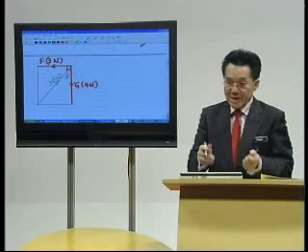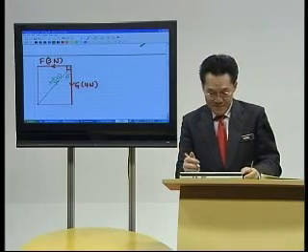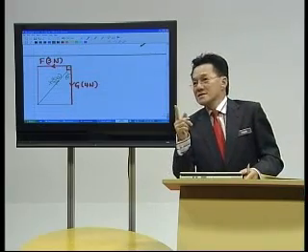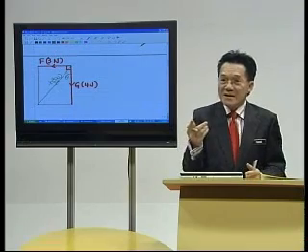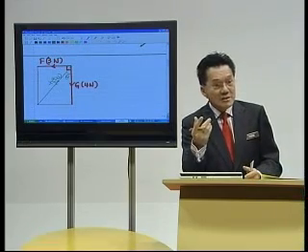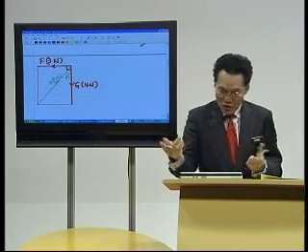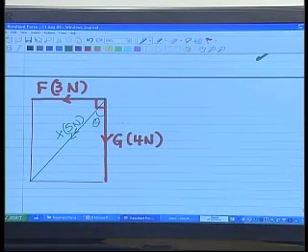So I want to calculate what theta is. We use one of the trigonometry functions. Is it sine, cosine, or tangent? We know that it has to be cosine.